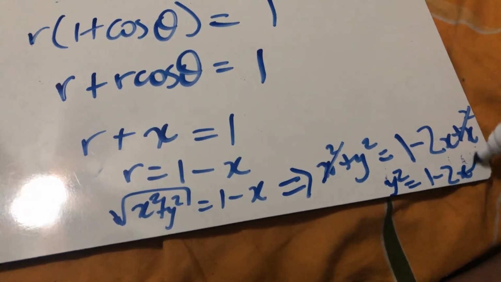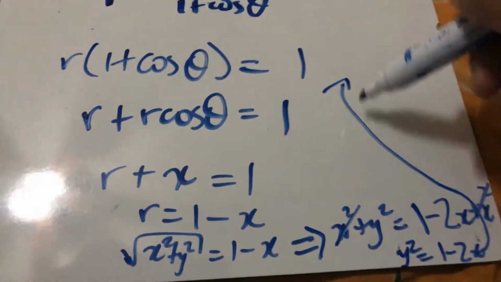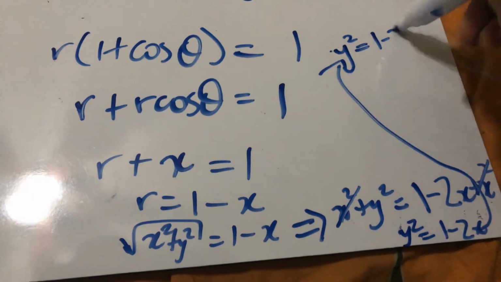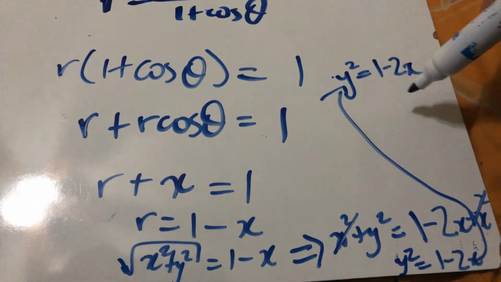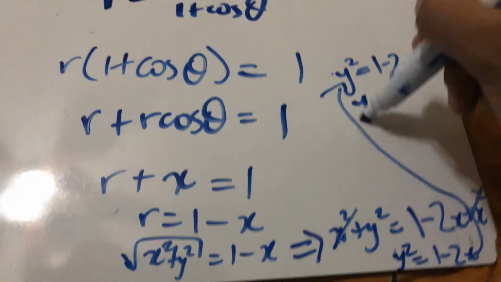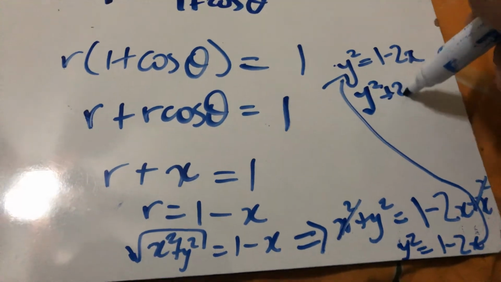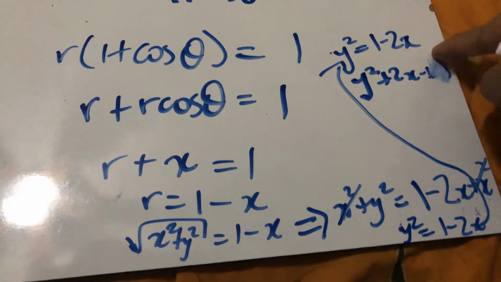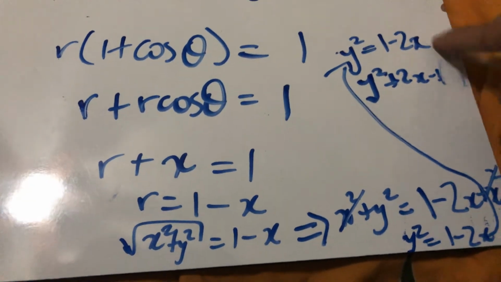Sorry, this is really messy, but I ran out of space. But I have y squared is equal to 1 minus 2x. I think that would be sufficient. I'd also argue that y squared plus 2x minus 1 equals 0 is sufficient. I should write that neatly.